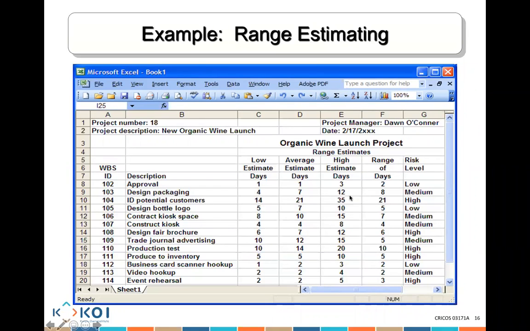For this one, you get the answer of 7.333. And then that's basically an approximation that it's going to be 8 days for me to finish that task of design packing.